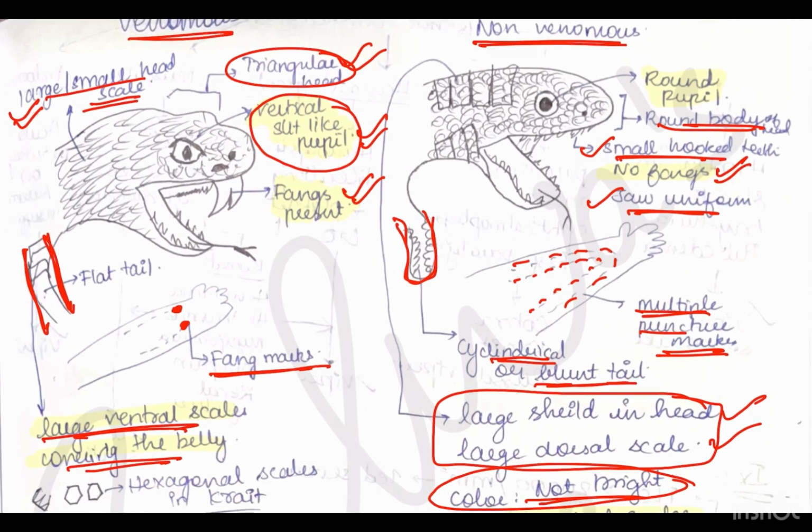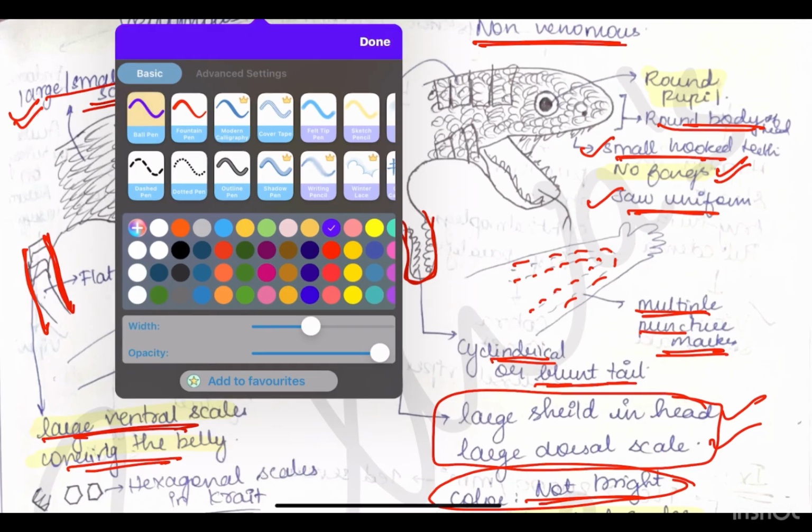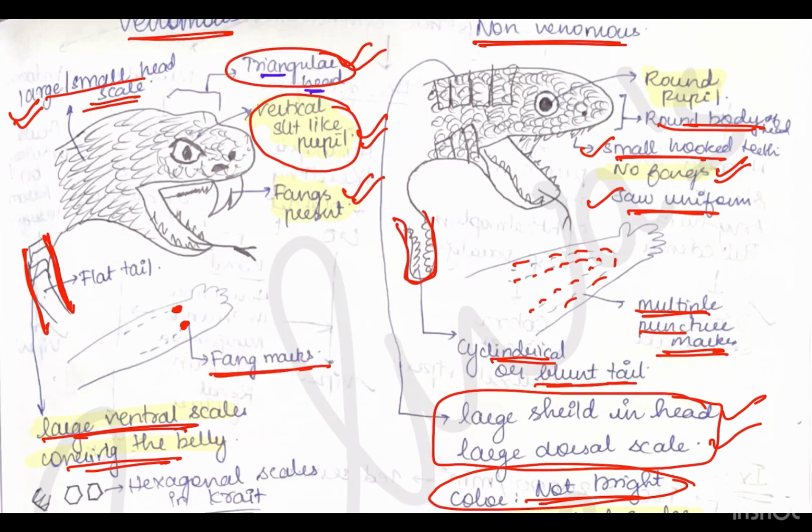I'll summarize it. First, in venomous snake, we have to look at the head. The head is triangular in venomous, and in non-venomous, it is round. Next, there are large or small scales in venomous snake, but in non-venomous snake, a large shield is present in the head and large dorsal scales are also present. Next, the fangs are characteristically present in venomous, whereas in non-venomous, small hooked teeth are present.